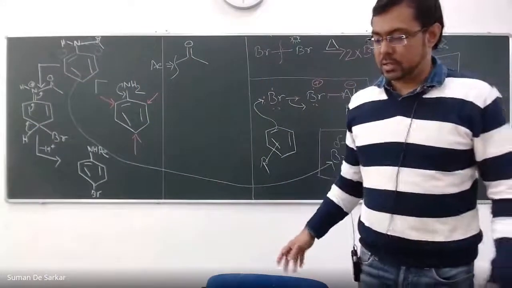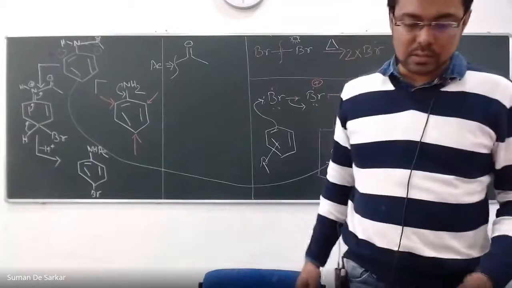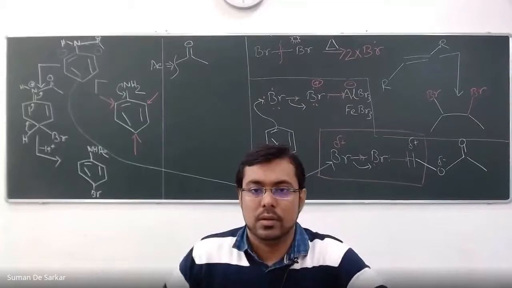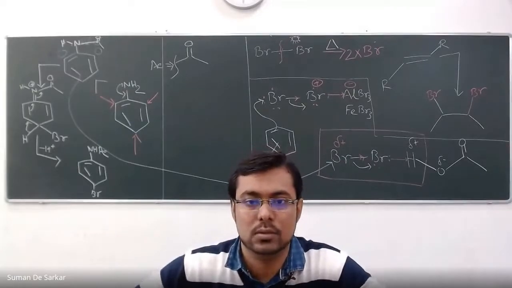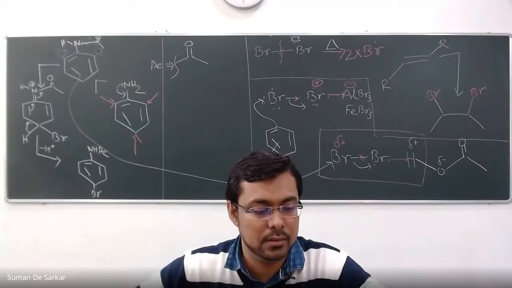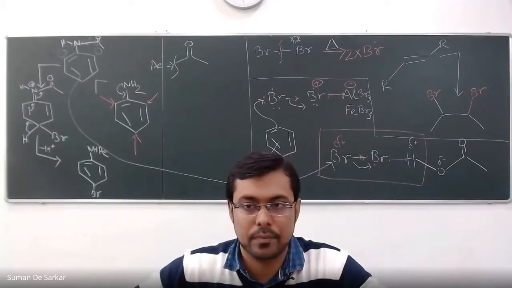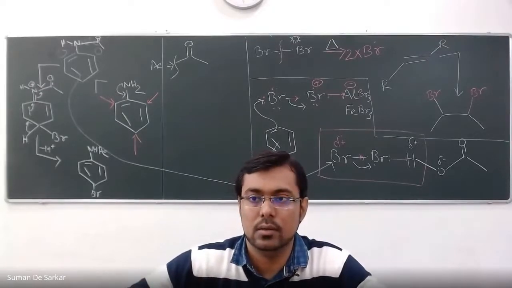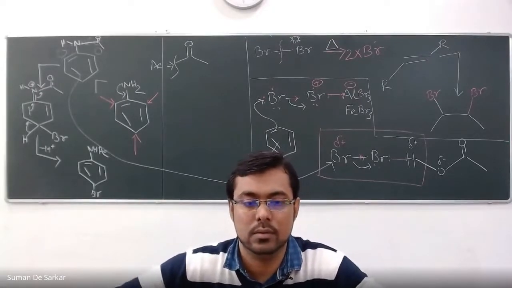The overall reaction mechanism is simple, but just to understand the concept, I'll explain the thing. So I hope you understood. Any question, query? If not, then we'll directly go for the video.